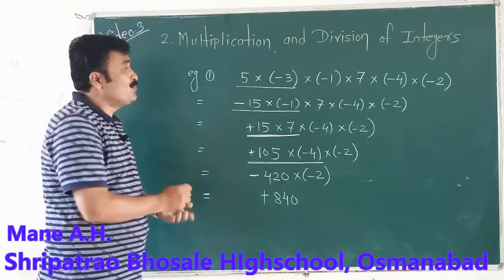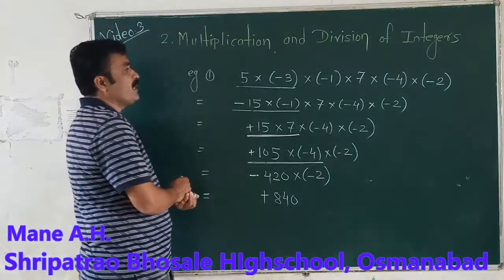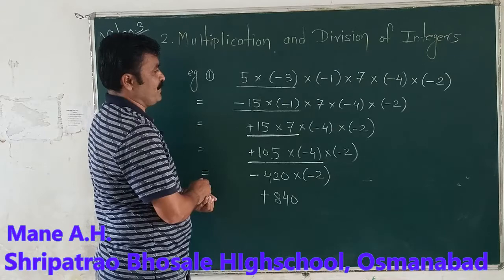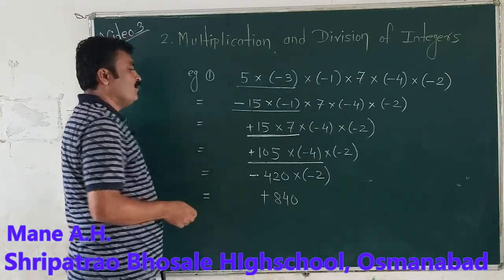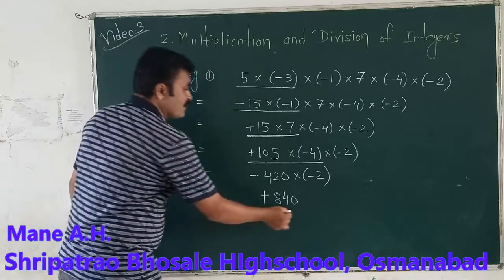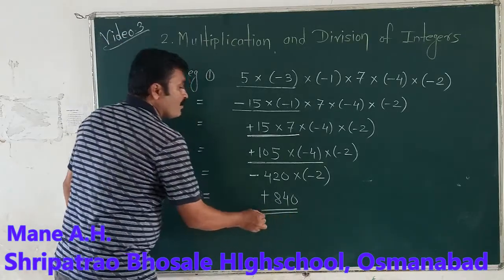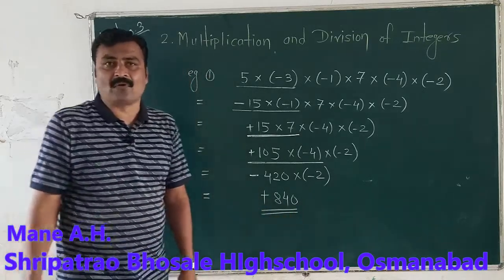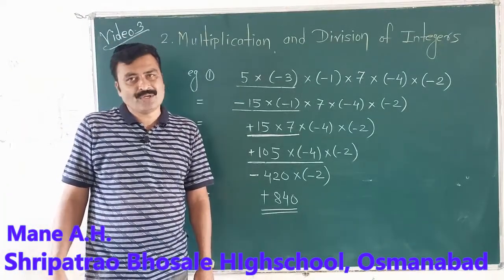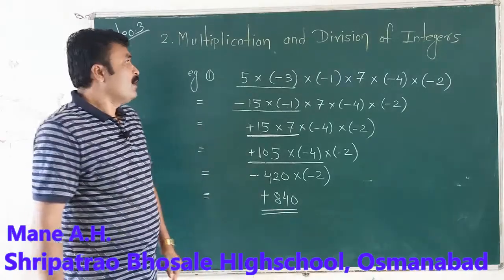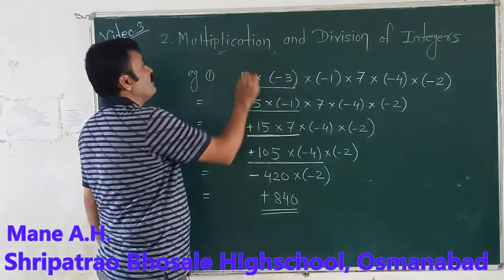So if we do the whole multiplication process step by step, then we got the final answer as 840, that is plus 840, a positive integer. So this is the multiplication process.